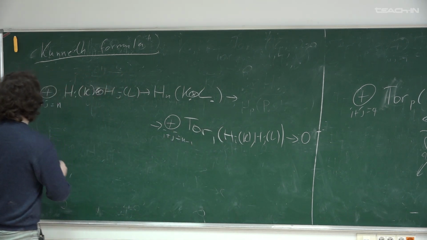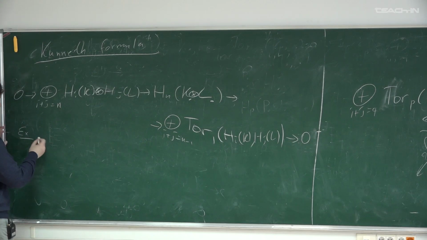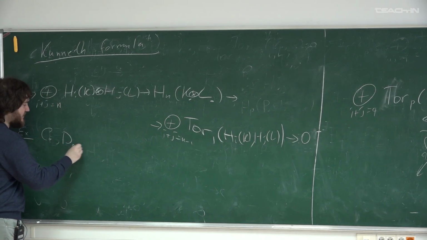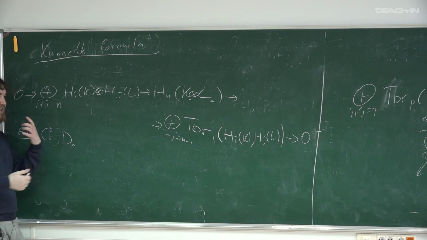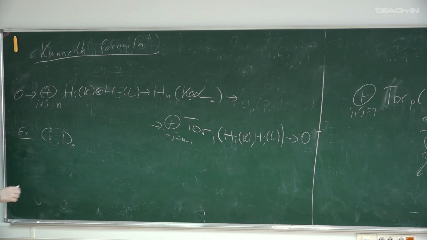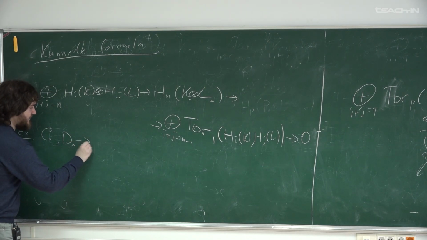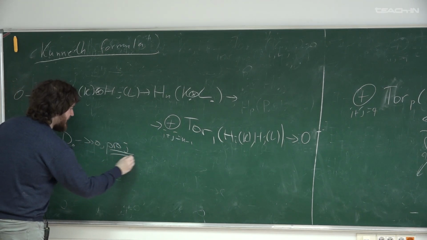So yes, sorry. The exercise is: we have two chain complexes bounded below, and they are splitting, and they are of projectives. It's an important additional assumption. It's bounded below, projective, and splitting.